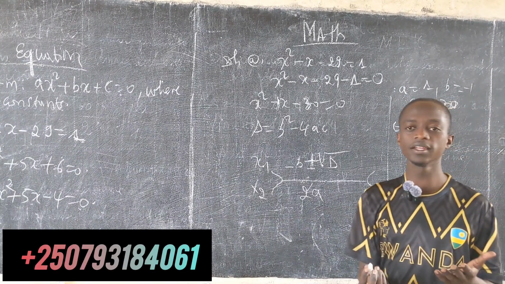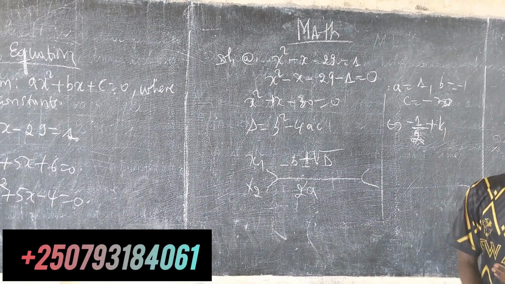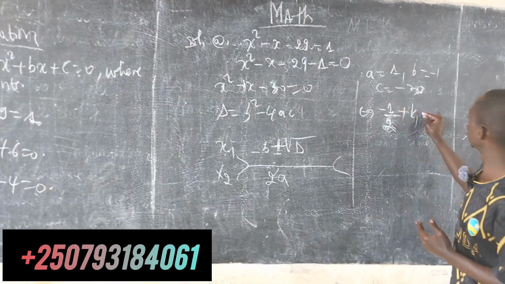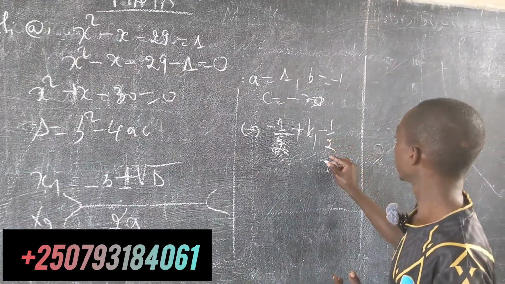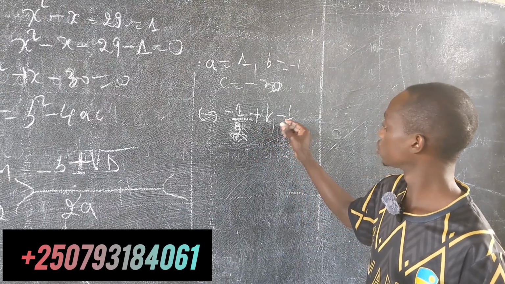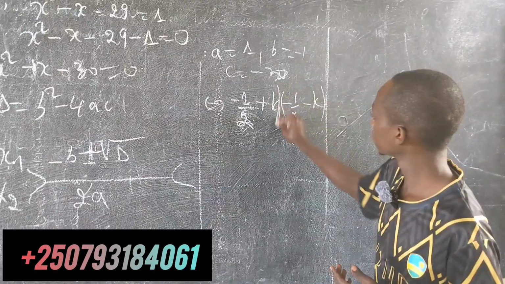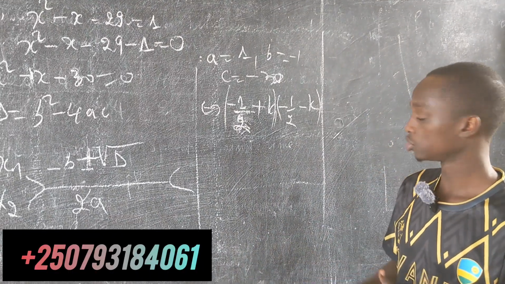Plus any symbol that you want, like we can add k. And here we need to write negative 1 over 2, the same. If here we write positive, we need to write here negative. I hope you are seeing what I am doing.